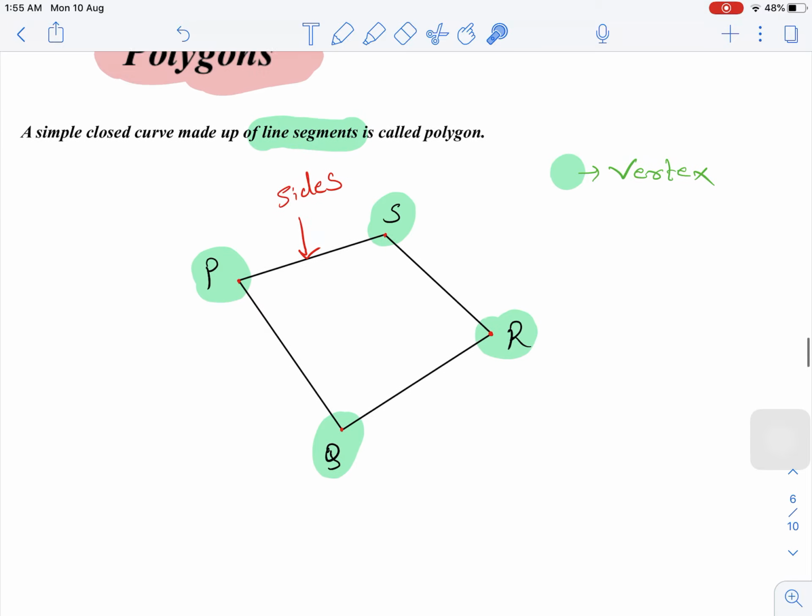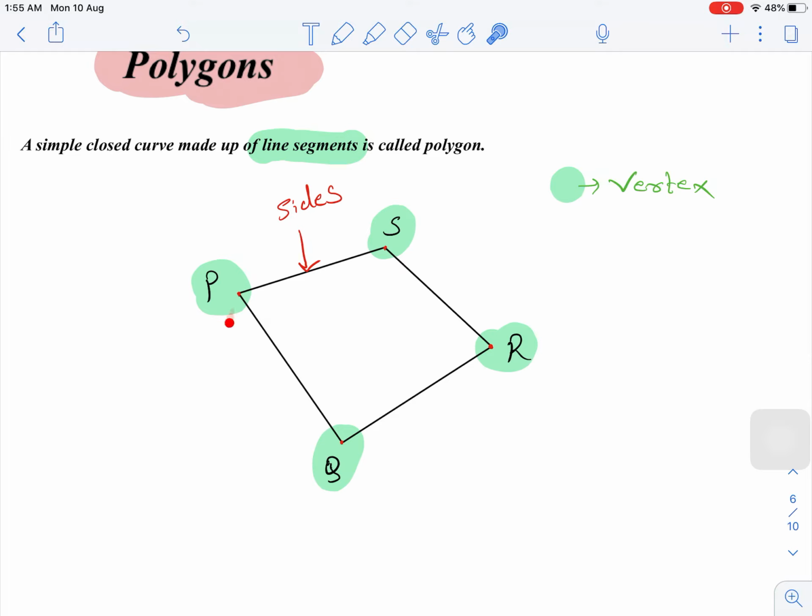Now here in this figure you can see that this one is a closed curve. Now this closed curve is made up of what? Line segments. For example, this one is a line segment, this one is also a line segment, the third line segment, and the fourth line segment. Each of these line segments is known as a side. Where two sides meet each other, that point is known as a vertex.